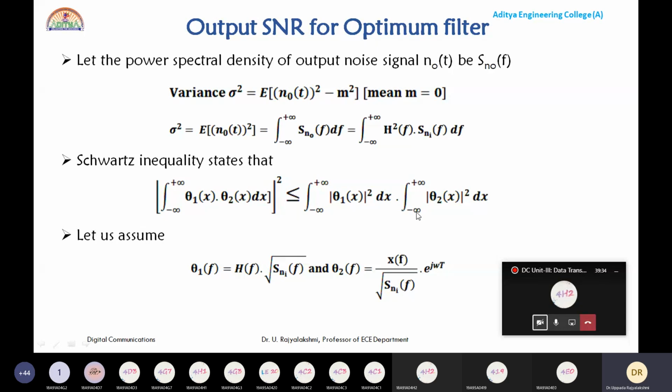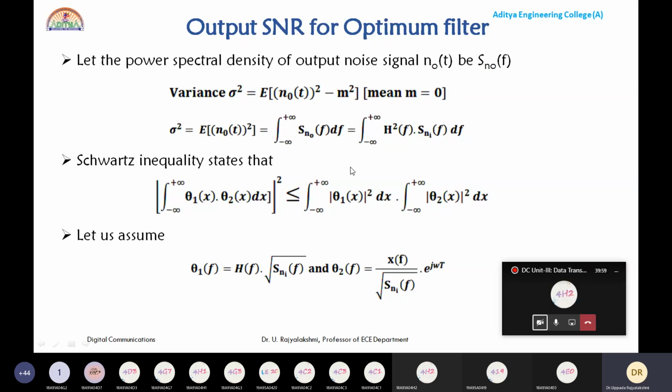So please remember, whatever may be the domain, it may be time domain or frequency domain. See, in objective questions I will ask this question: state Schwarz inequality. This inequality is used here in order to calculate the output SNR as well as the transfer function.